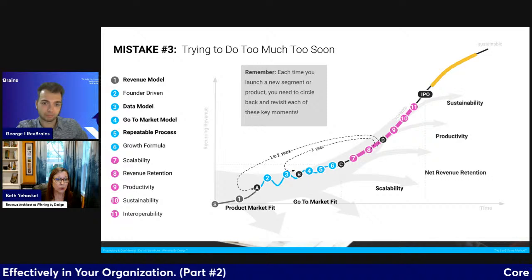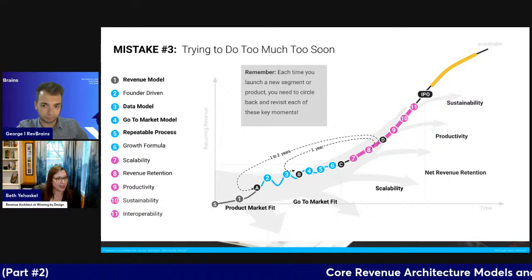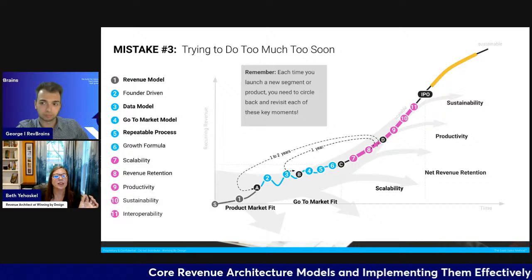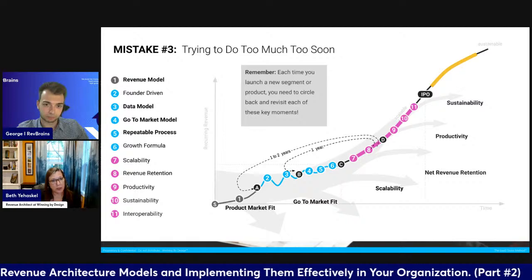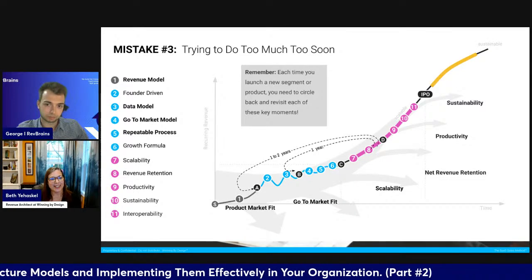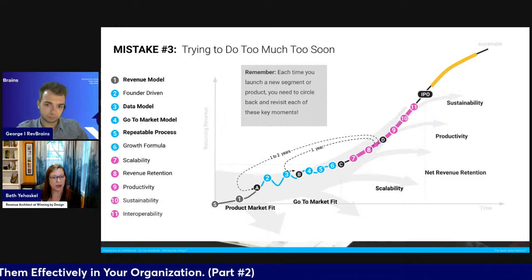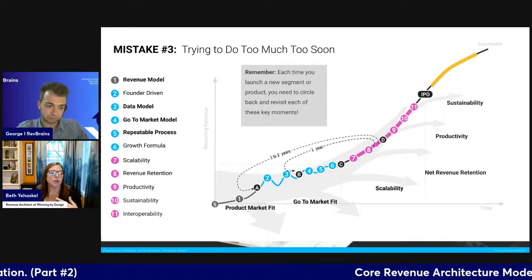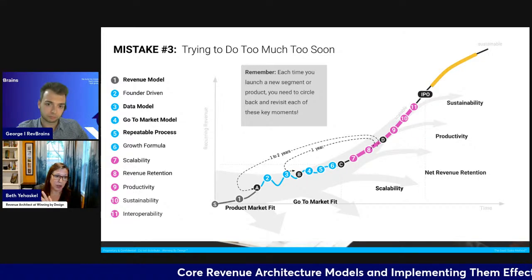But when you do launch a second one, remember the key moments from the growth model. These are internal business key moments. When you start out and launch your first product, you're figuring out the revenue model, you get the founder out of the sales cycle, you build your data model, you figure out your go-to-market model, you build those repeatable processes. You need to establish all those things before you're ready to introduce a second segment or product.